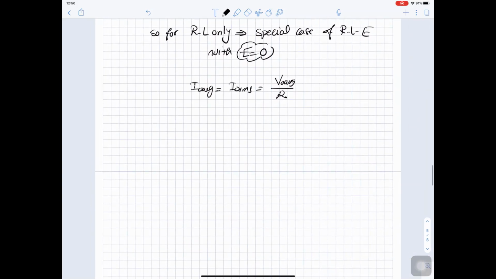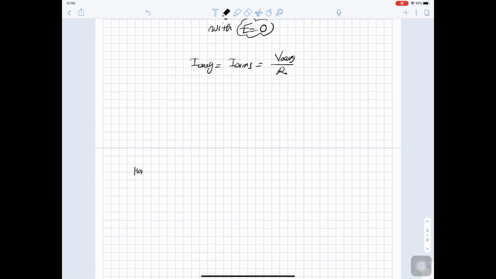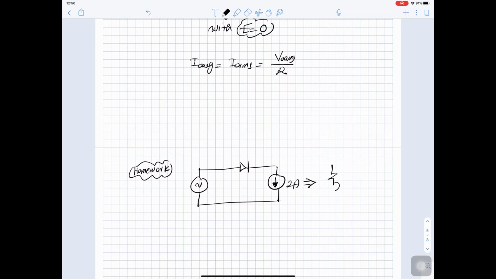Now if we go back to our homework that we left last time, if we have an AC source and you have a diode and you have a current source here, 2 ampere, which is equivalent to have RL, and this L is highly inductive.